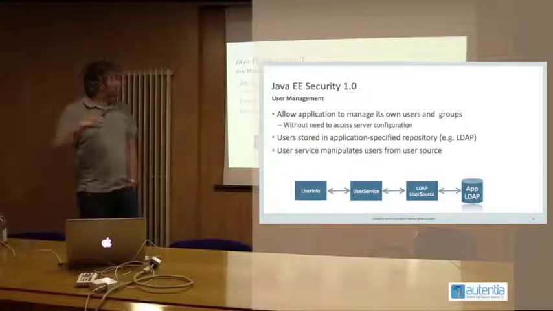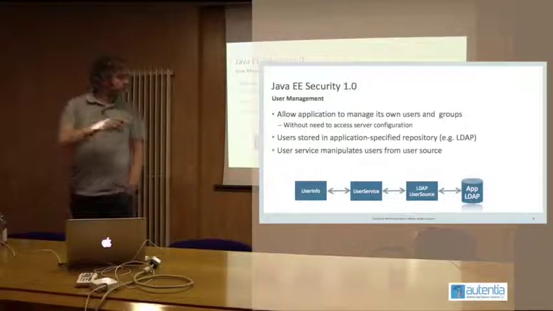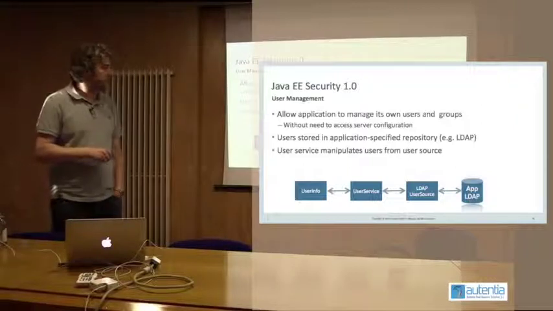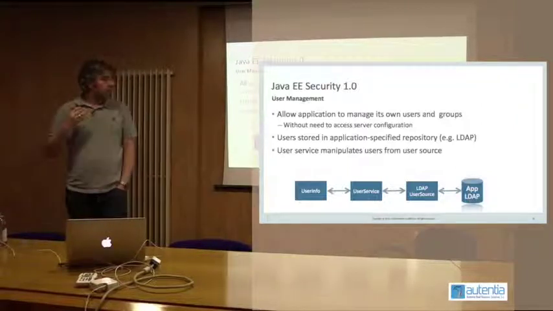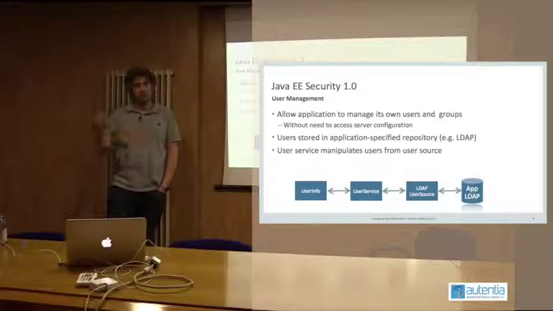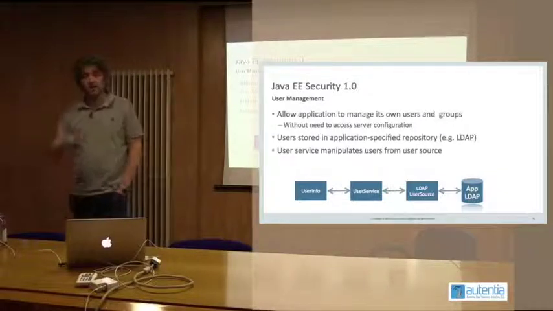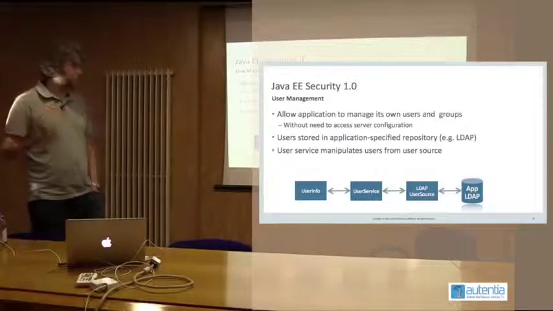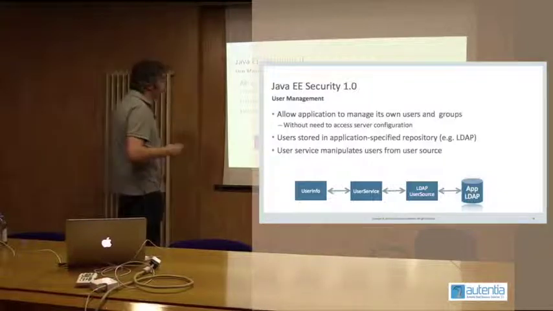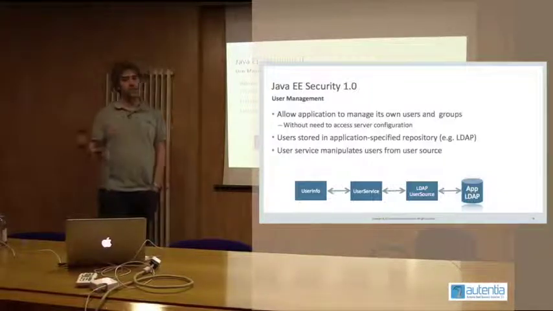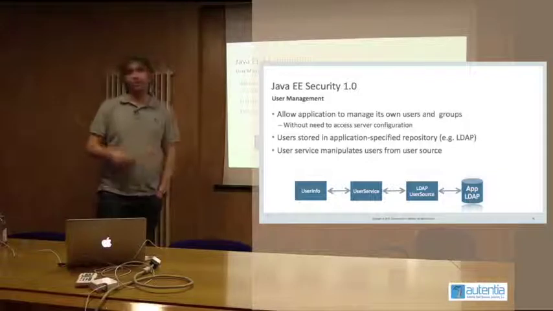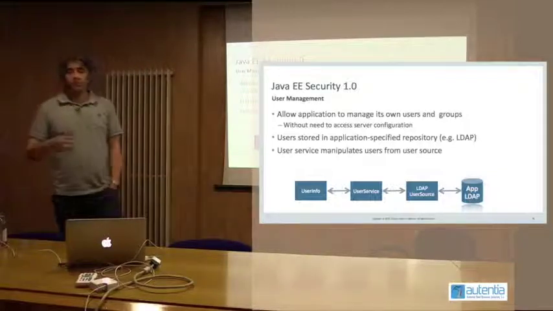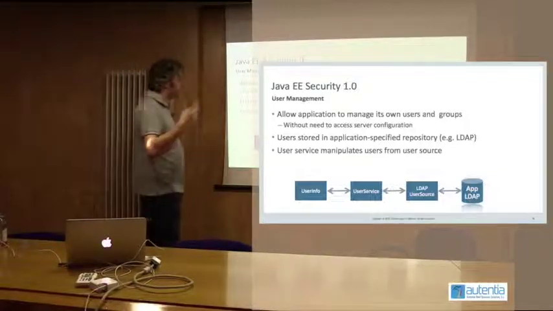So what we would like to do is to introduce a user source definition that will define a user store. It could be an LDAP, it could be a database, it doesn't really matter. Then we would have a user services and a user info API that we can use on that user source definition to manage users. So to get users, to change users, to add users, and so on.